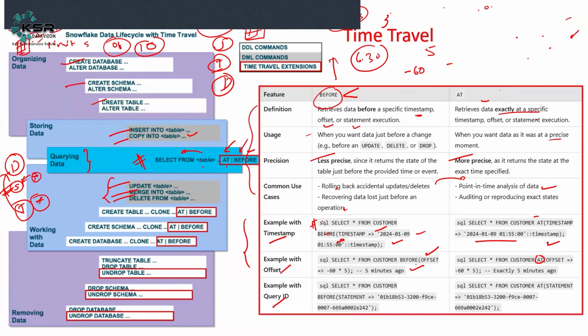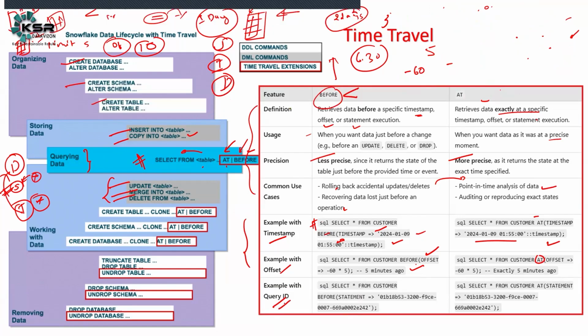Okay. Now, next is something called a query ID. Inside Snowflake, any query you run, whether a select, an update or a delete, for each and every query, irrespective of success, even if you have written a wrong syntax, a query ID is generated.